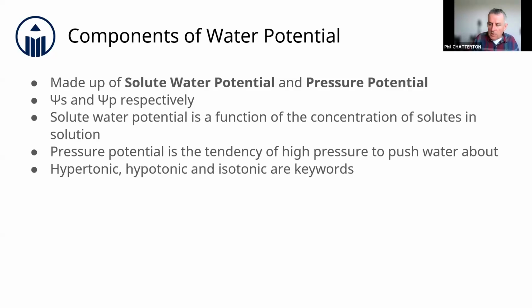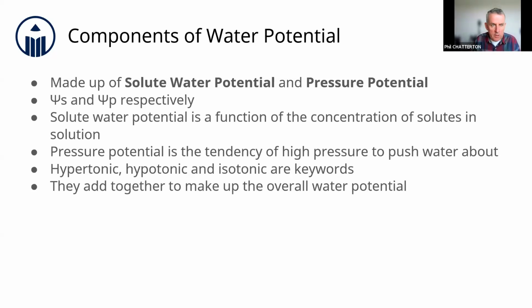These are the terms that are specified in the IB specification: hypertonic, hypotonic, and isotonic. Hyper means stronger than, hypertonic means stronger than in terms of the solute concentration. Hypotonic means less concentrated in terms of solute, and isotonic means the same. Hopefully you're okay with those terms.